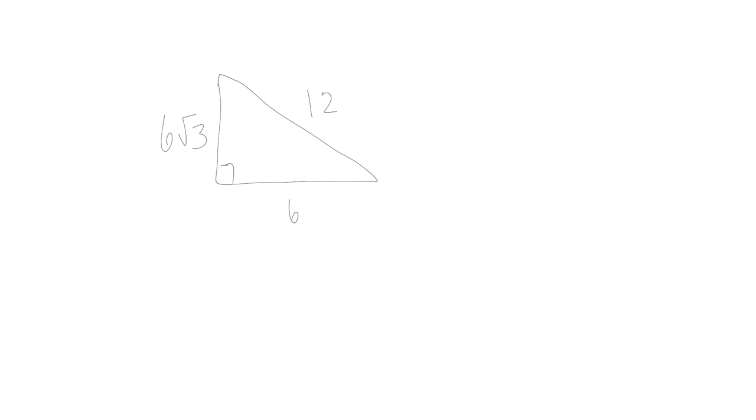So if I gave you this triangle and I wanted you to tell me what the angles were, you would use that it's a special right triangle, and based on the sides, 6, 6 root 3, and 12, you know that this is x root 3, and this is 2x, meaning that it's a 30, 60, 90 triangle. So this would be 60 because it's opposite the x root 3. This would be 30 because it's opposite the x.